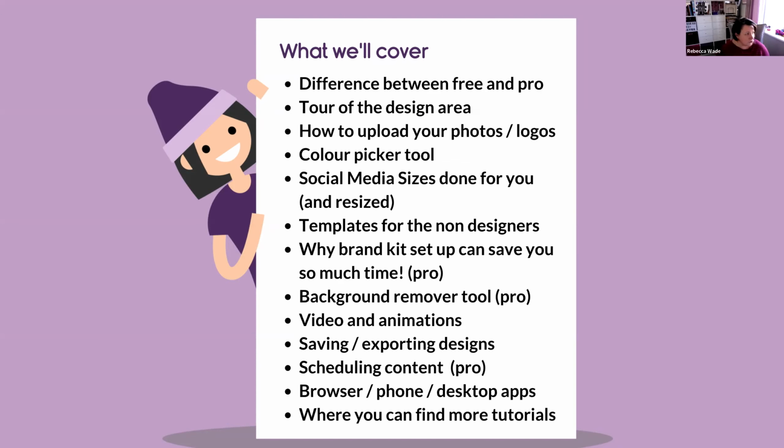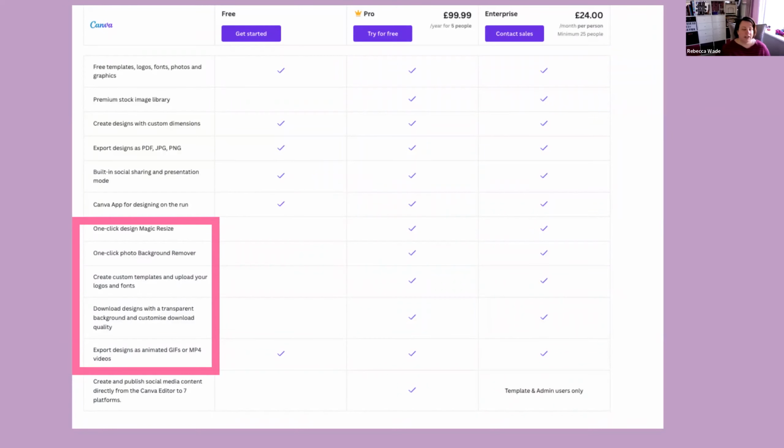So the first thing I want to do before we get started is just outline perhaps some of the differences between free and pro, so that you can see, because I'm going to show you very quickly in free so that you can see the difference.